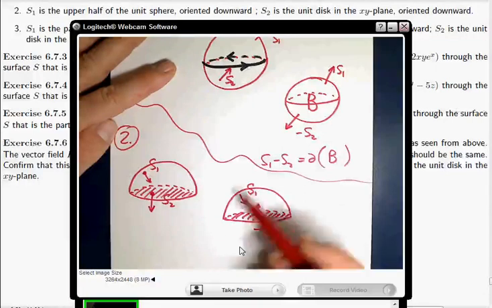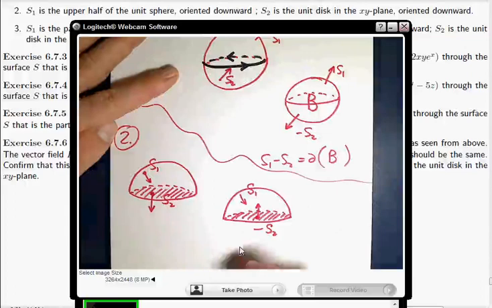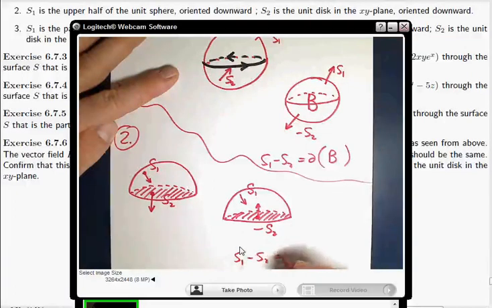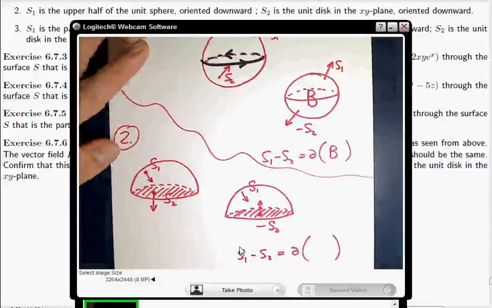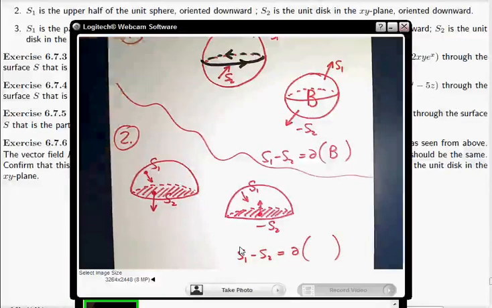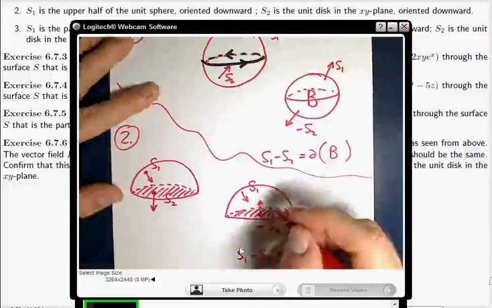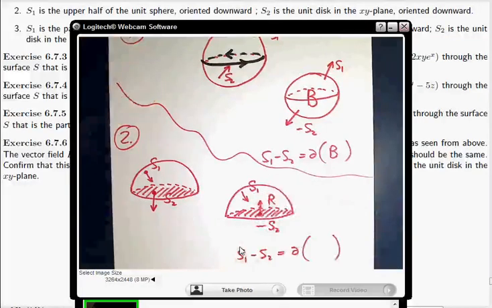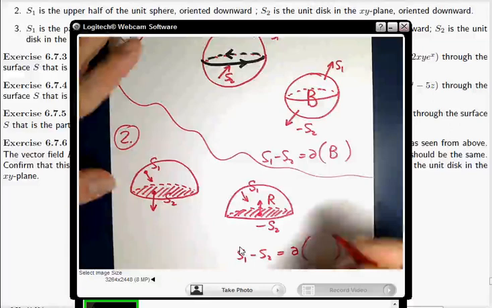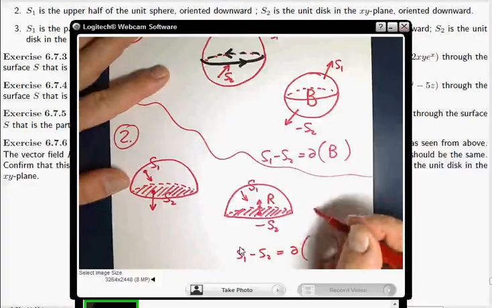This is our S1 minus S2, and we have to ask, is S1 minus S2 the boundary of something, and I claim that it is, and we have to be a little bit careful here. It's tempting to say, let's just look at the solid region that's capped off by these two surfaces, and get that region R. The problem is that the boundary of R is, I'm going to have to draw another little picture here.